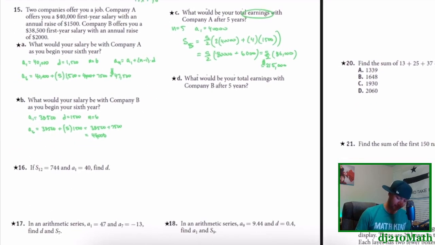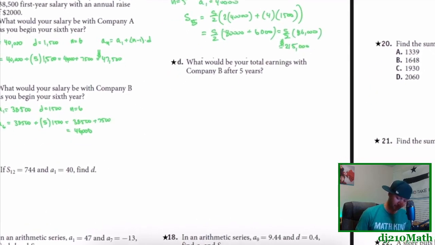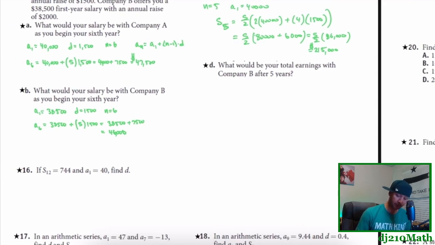The same thing, but now with the numbers from company B. So n is equal to 5. So again, 5 halves. 38.5 times 2. So it's 38 times 2. 40 and 40 would be 80 minus 4, 76 plus 1,000, 77.